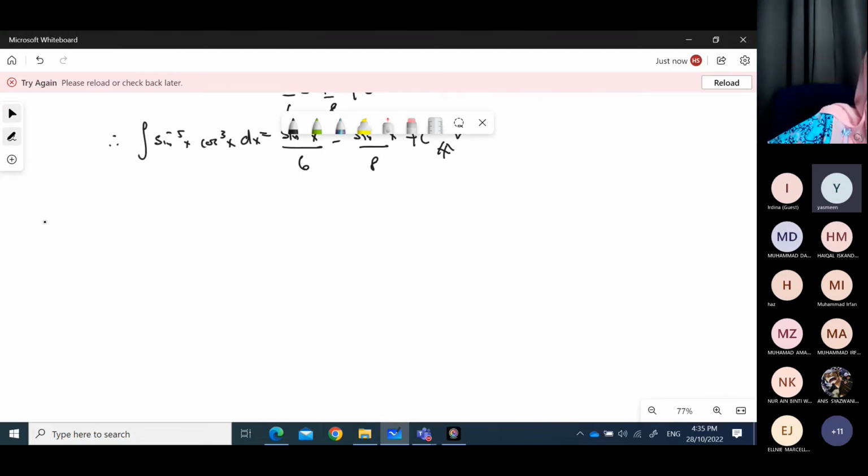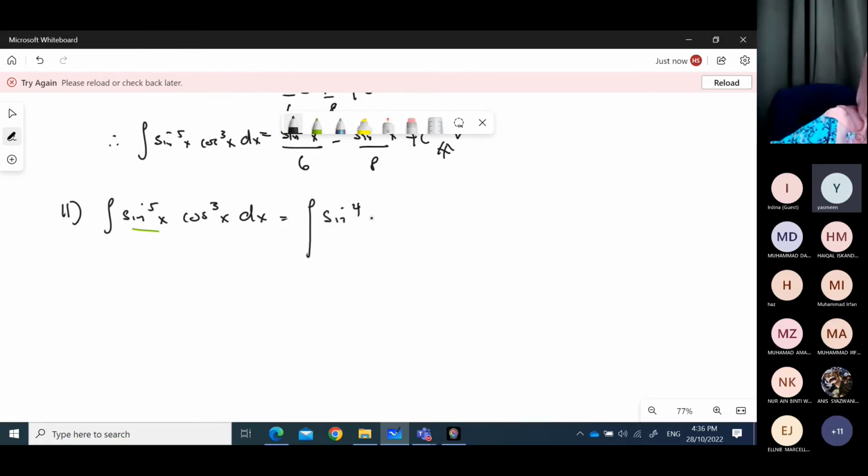Okay, so sine number 2, we factor for sine. X kita faktorkan bagi sine. Kita akan dapat sine to the power of 4x times sine of x times cosine cube x dx.